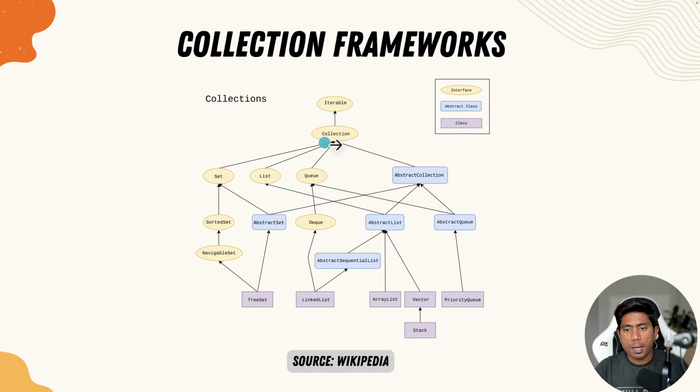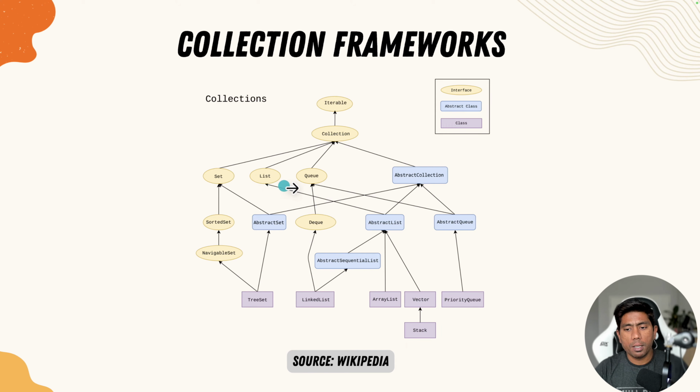Similarly, this Collection is also an interface, which is going to be implemented by interfaces like the Set interface, List interface, and Queue interface. And there is an AbstractCollection as well. These interfaces are in turn implemented further. The Set interface is implemented by the SortedSet.